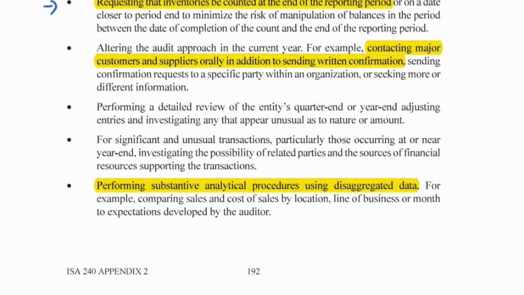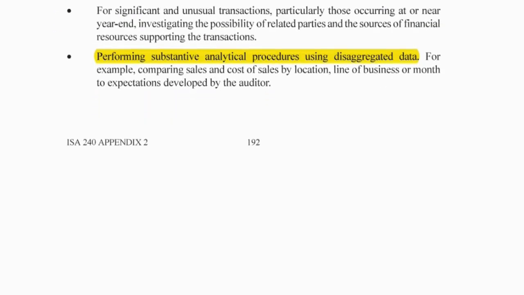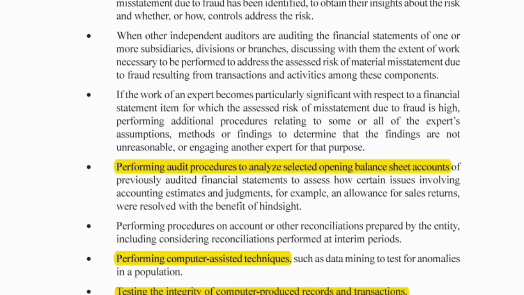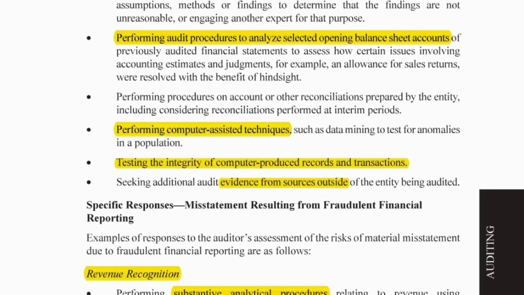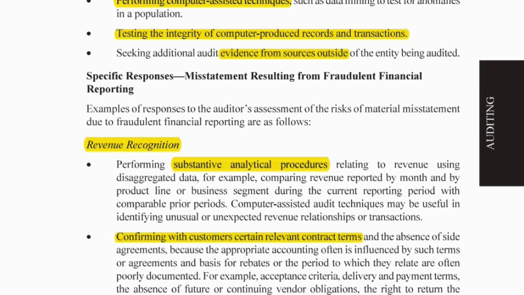You send written confirmations to your external contacts instead of oral. Perform substantive analyticals on disaggregated data. So don't take the full amount, try and break it up and try and find out where there could be actual issues. Performing audit procedures on opening balances using computer-assisted audit techniques.